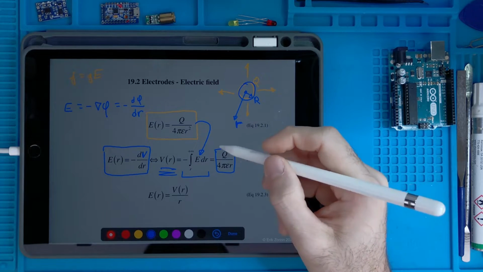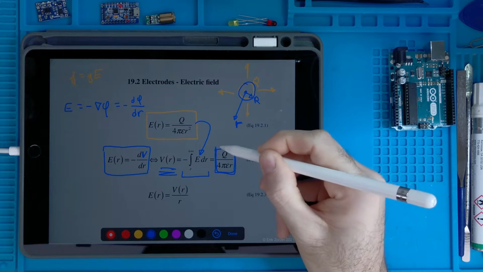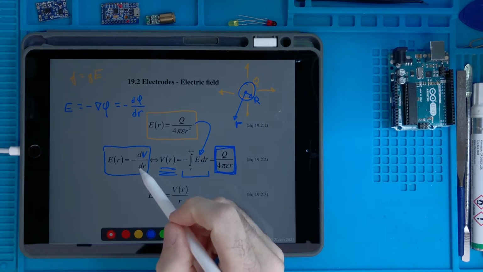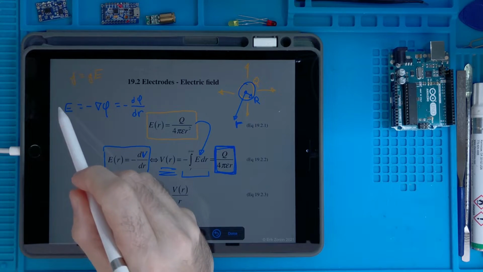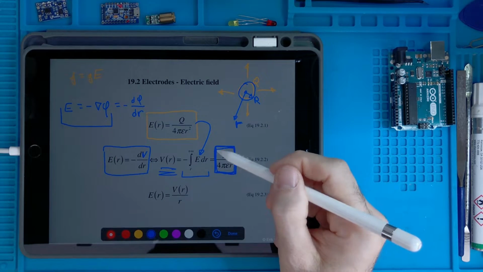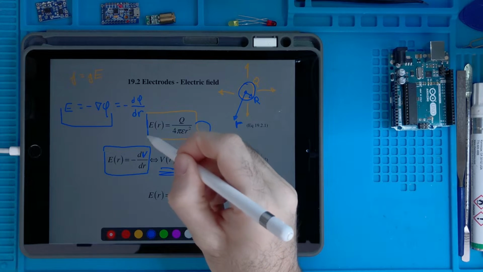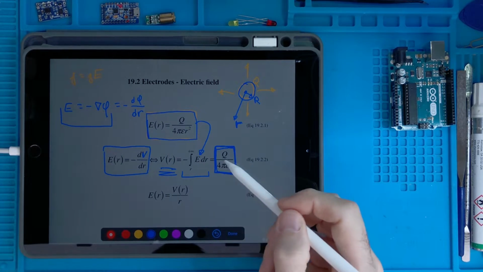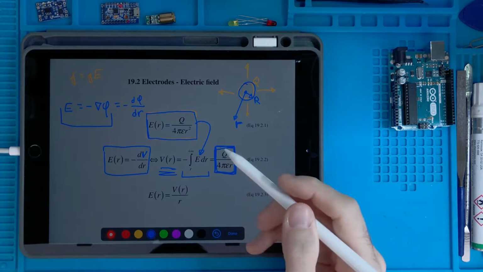And if we compare this last thing that we have obtained by this calculation, which comes from this definition of voltage, with the expression for the electric field, then we see that they are very similar, kind of the same.